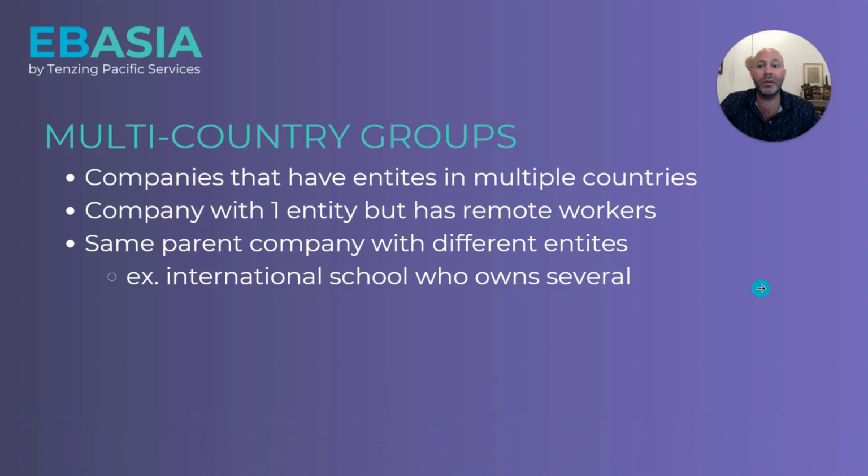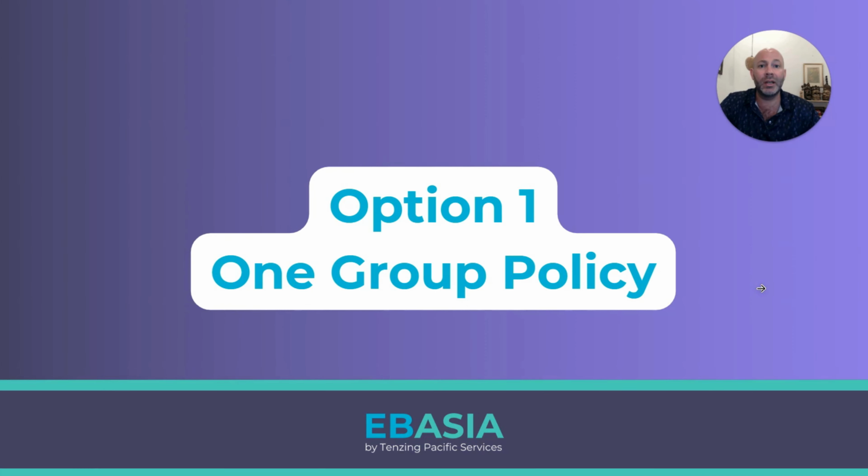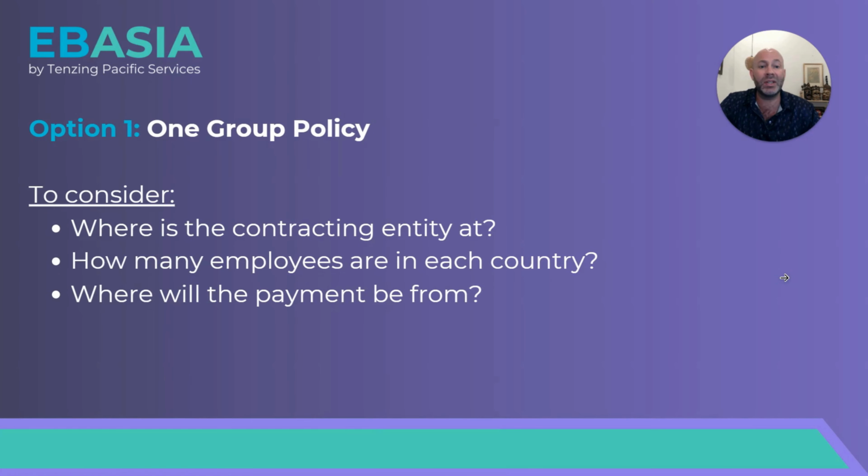So the first option is one group policy for all employees across the group. The things to consider are: where is the contracting entity, how many employees are in each country, and how many employees are in the contracting entity?